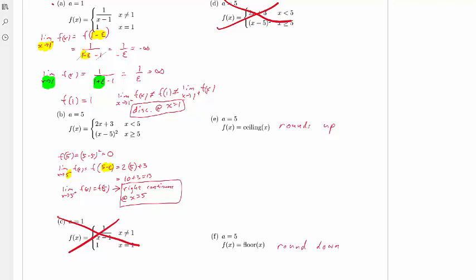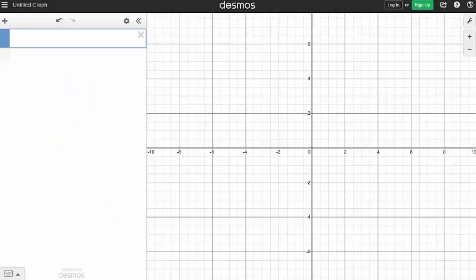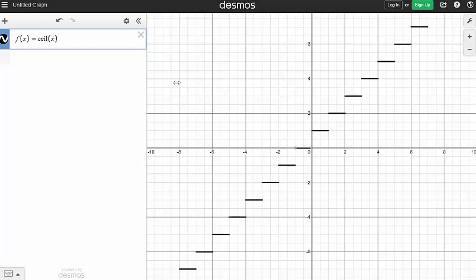Let's go ahead and take a look at the graphs of each of these in Desmos. To get this to graph in Desmos, all you have to do is type in CEIL, and that will get you the ceiling function. Let's zoom in right here.